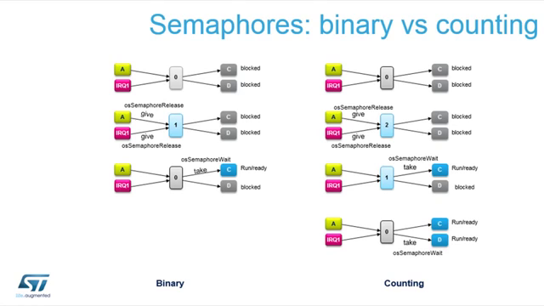So OS semaphore release gives the car to the parking lot and allows other tasks to operate with that. And OS semaphore wait takes the car from the parking lot and leaves it empty. That's how the binary semaphore works.